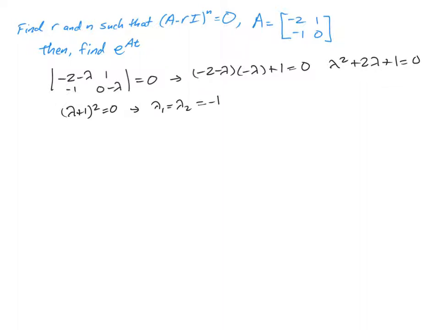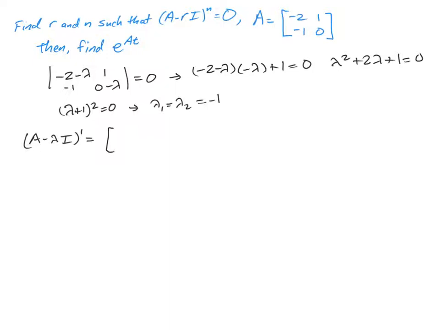So now we want to go through and look at A minus that lambda times I. And again, we'll do it to the first power and see where we go. So again, matrix A is -2, 1, -1, 0. The value of lambda is -1.